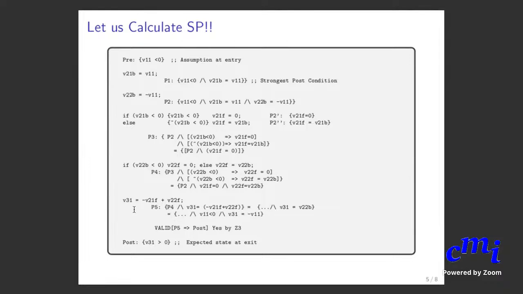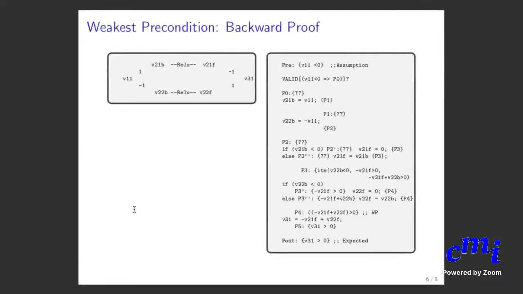The same thing could be done in a backward direction as well. There is a dual concept to strongest postcondition, which is called the weakest precondition.